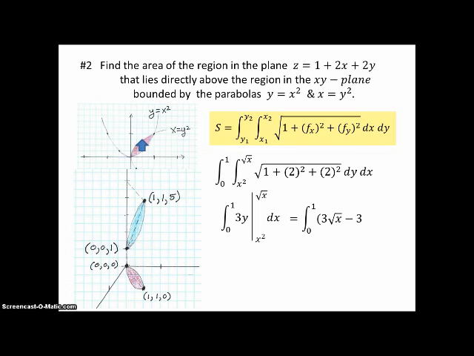So that gives us an integrand of 3 root x minus 3x squared, which is easily integrable in terms of x. So we get 2x to the 3 halves minus x cubed, evaluated from 0 to 1. And when you plug the 1 in, you get 2 minus 1. And when you plug the 0 in, you get 0. And so the area of that blue tilted section that's on the plane z equals 1 plus 2x plus 2y is 1 unit, or 1 square unit.